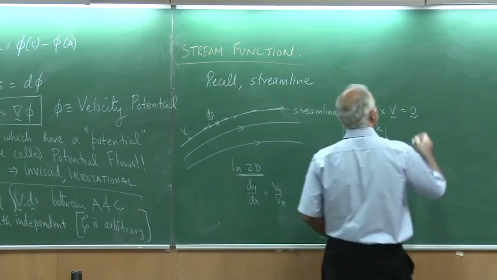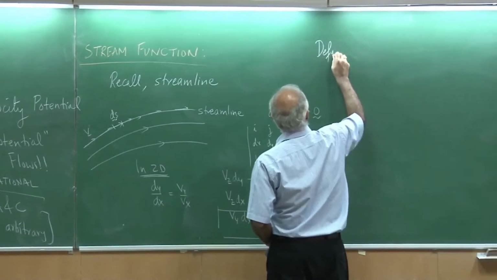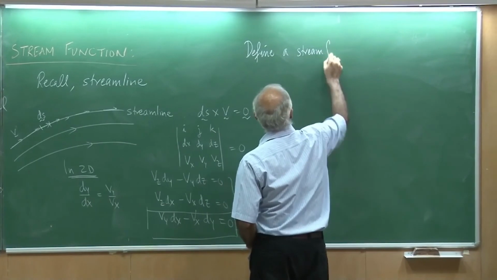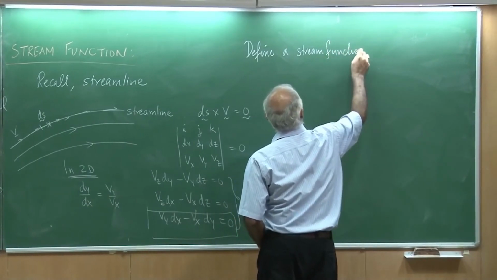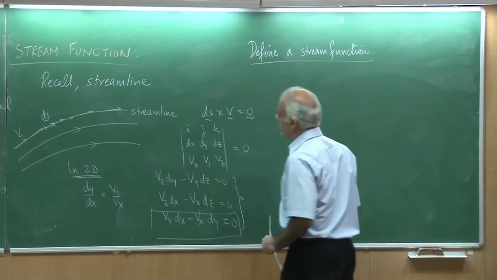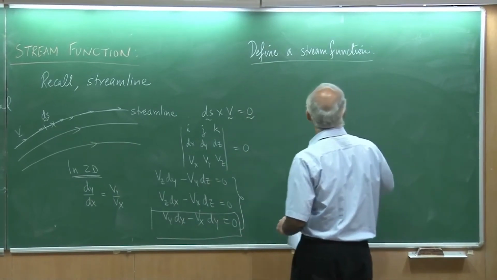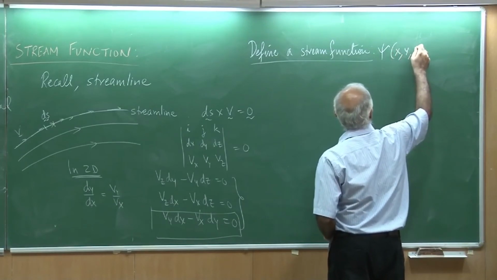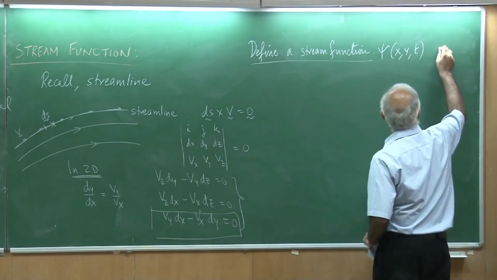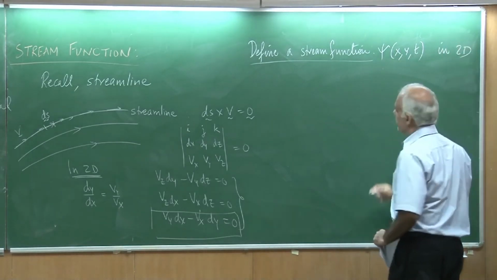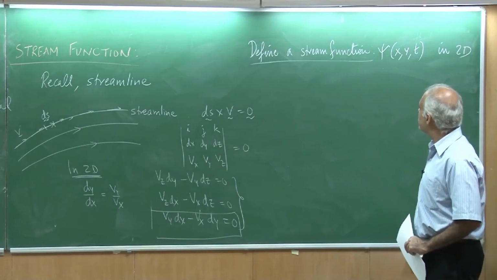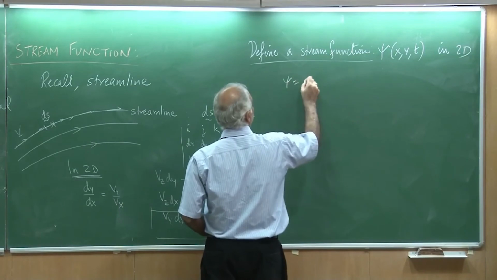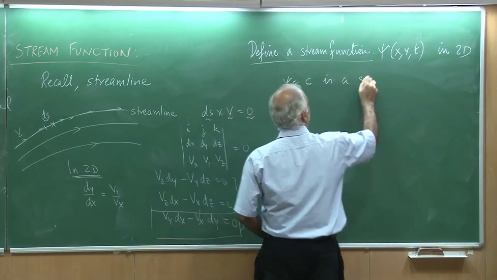We can actually define a stream function, such that this stream function is psi, and it is a function of x, y, and t in 2 dimensions. And here I could say that psi equal to c is a streamline.